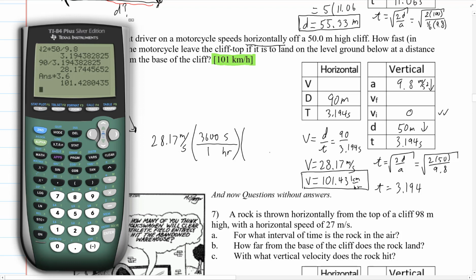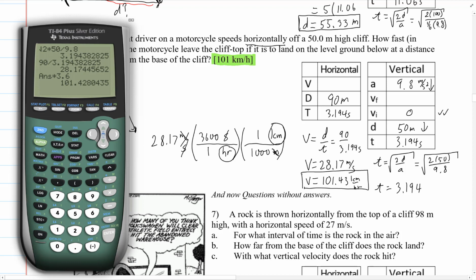And then we want to get rid of the meters, and we want kilometers. So 1 kilometer is 1,000 meters. The seconds will cancel out with the seconds, the meters will cancel out with the meters. The units that we end up with are kilometers in the numerator and hours in the denominator, kilometers per hour.